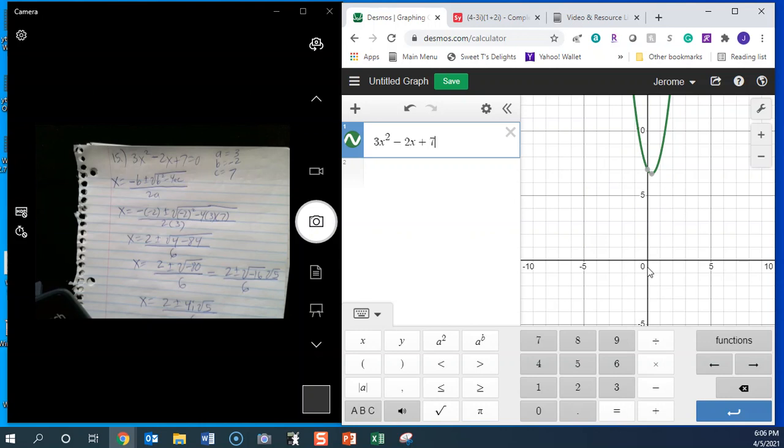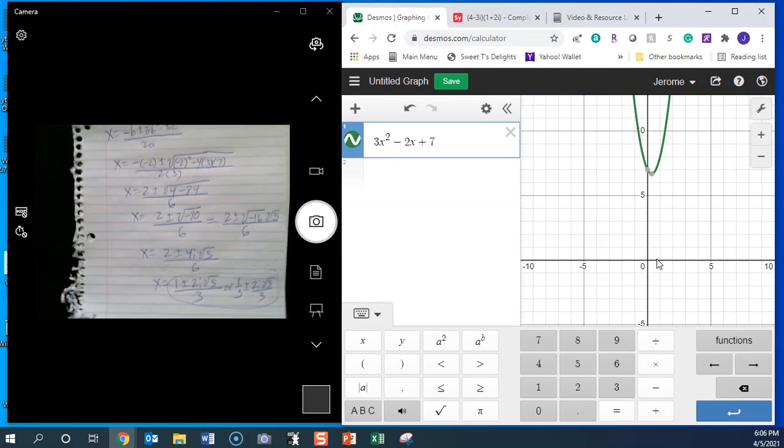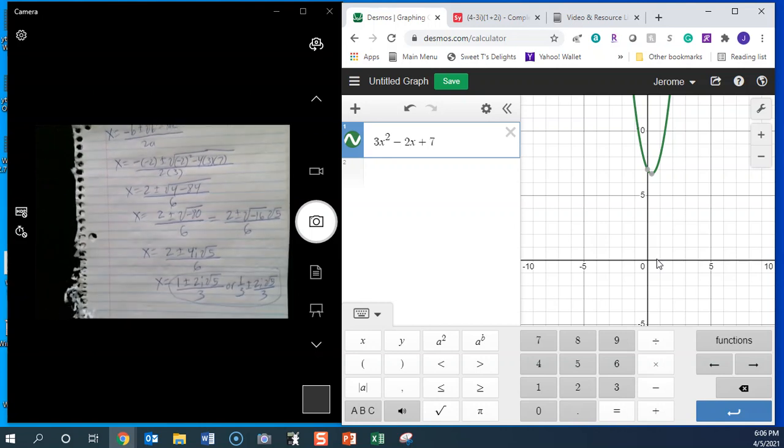This graph never hits the x-axis, so that means it never has an x-intercept, which means that it will not have a real number solution. And we cannot graph imaginary lines on this coordinate plane, so that is why we have no x-intercept. So even though this is the solution, it's still no x-intercept for this problem. So you will write no x-intercepts.